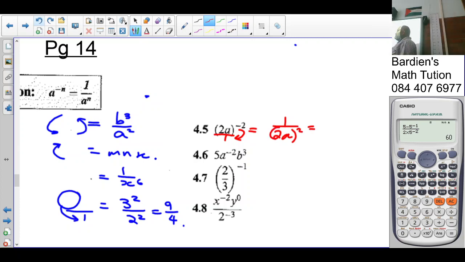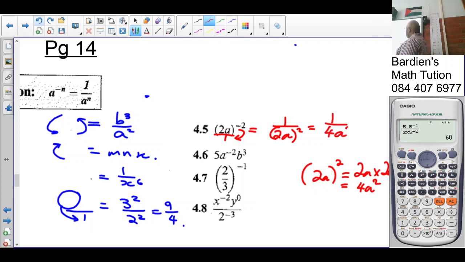That's all. So what is 2a all squared? It's going to be 2a times 2a. That's all. And what is 2a times 2a? 4a squared. Can you see that, people? So it's 1 over 4a squared. Or you can use the rule of exponents that says the base is raised to a higher exponent, we multiply the exponents. And that is the rule we're going to still do, revise today.